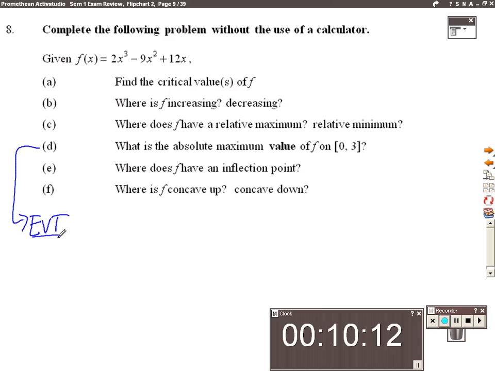The extreme value theorem says that there will be an absolute maximum and an absolute minimum on a closed continuous interval. The candidates for being the highest or lowest y values occur at the critical numbers, so we have to consider x equal to 1 and x equal to 2, and we also have to consider the endpoints, x equals 0.